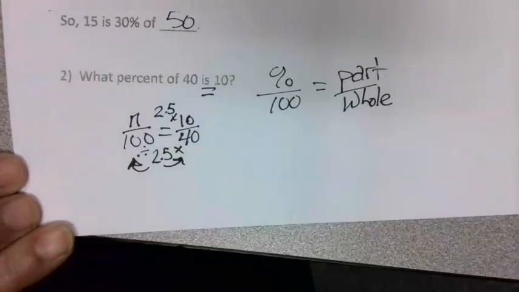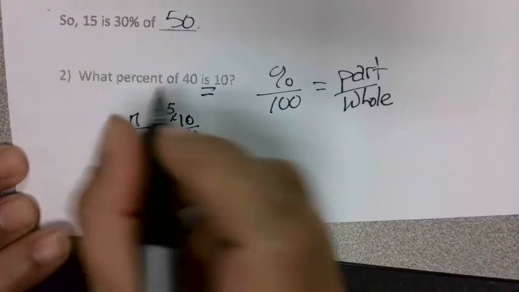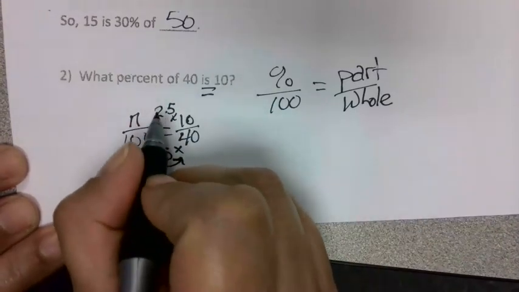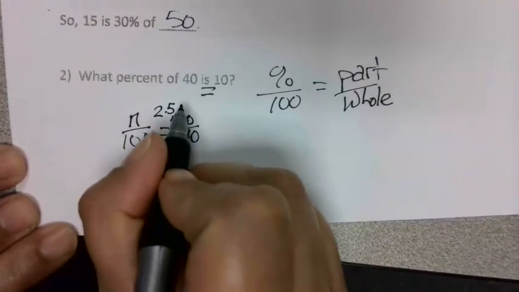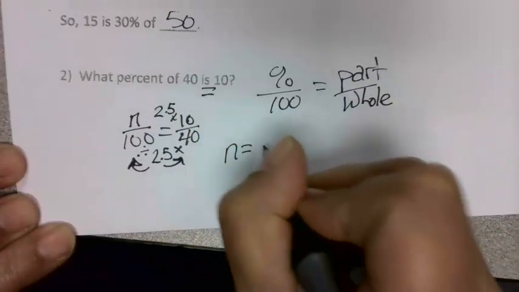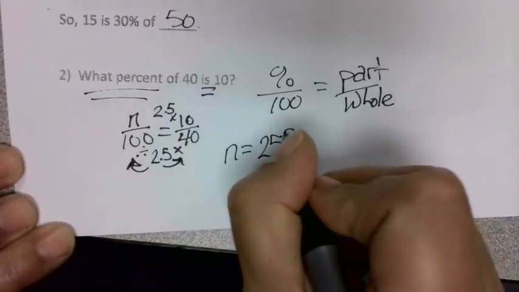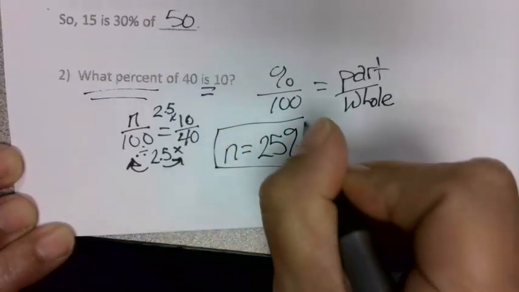Well, do I have enough information? I do. So if I multiply it by 2.5, I can put it in my calculator, or I remember when I multiply by 10, it goes to the right one time. So my n will equal 25. And remember it said what percent? So it's 25%.